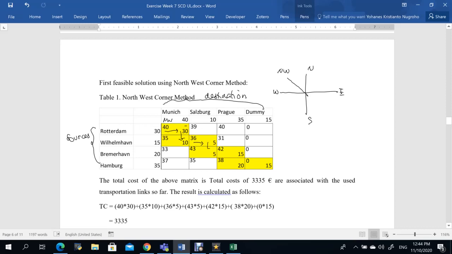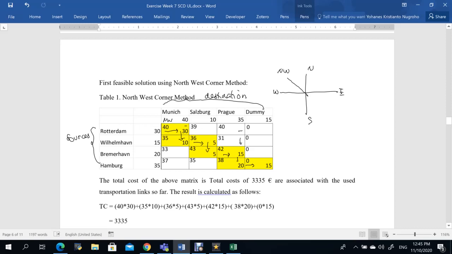Then we go down here, 5 plus 5, and Bremerhaven's leftover capacity is 20 minus 5 equal to 15, because the demand at Prague is 35, and then 35 minus 30 minus 15 equal to 20, and it will be met by Hamburg. So the leftover capacity at Hamburg is 15. It will go to the dummy destination.